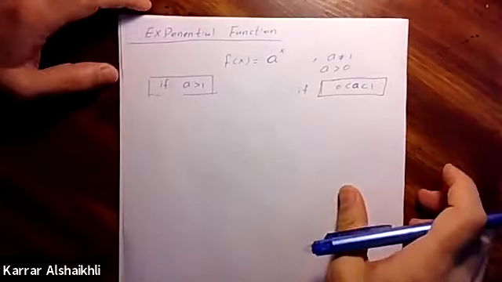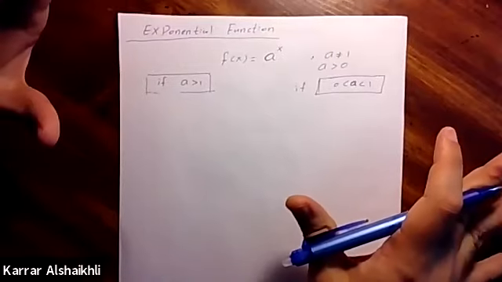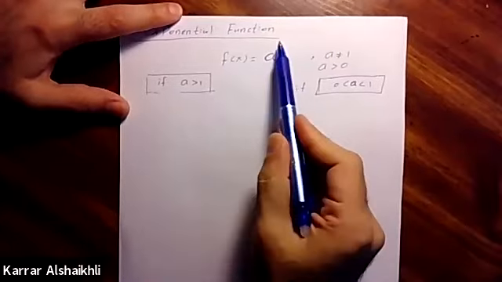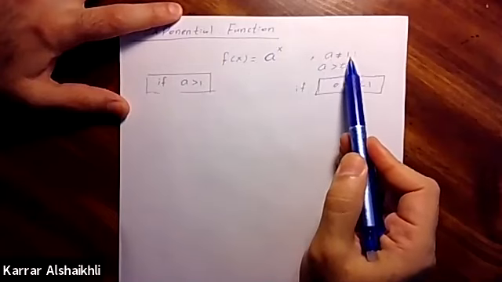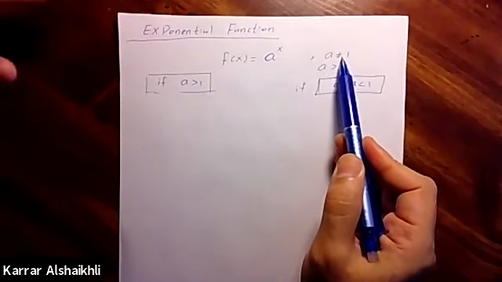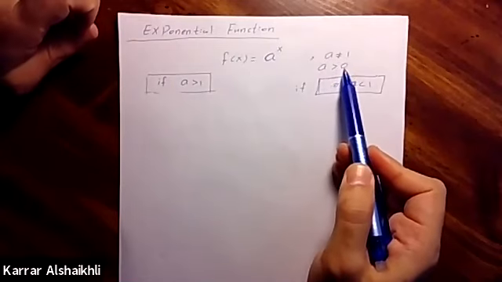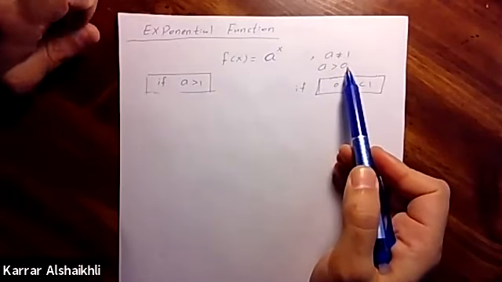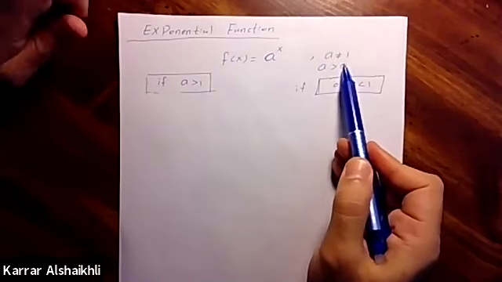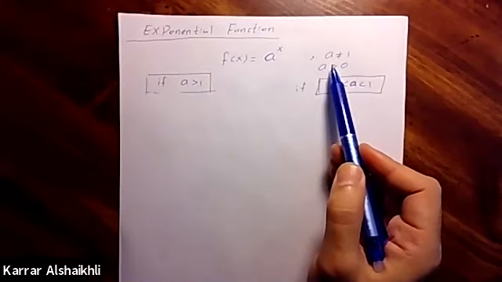So now, before we start graphing, you have to check these conditions. This is the exponential function. I have to make sure a is not equal to 1, any number like 2, 5, 6, and I have to make sure a is a positive number, that means greater than 0. If these two conditions are satisfied, that means this is an exponential function.